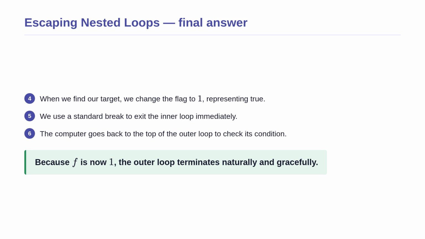But remember our dual lock system? Because our flag f is now 1, the combined condition is no longer met. The outer loop terminates naturally and gracefully without any chaotic jumps. This method completely avoids the goto statement while achieving the exact same result in a clean, readable, and professional way.